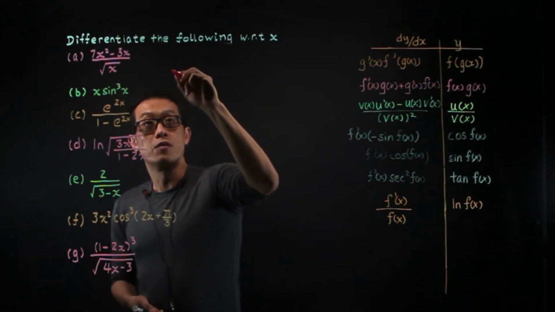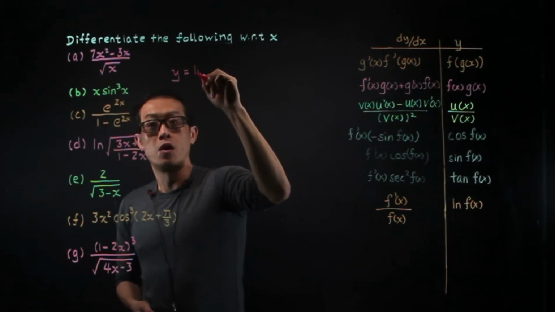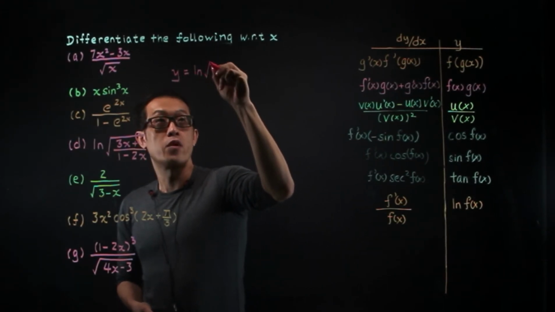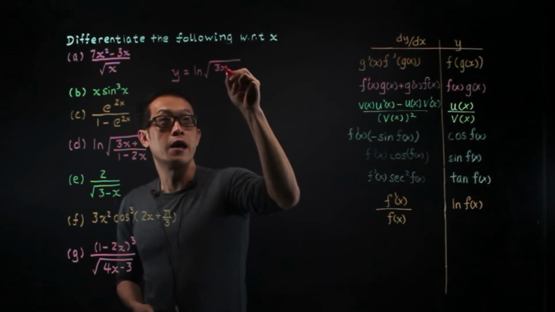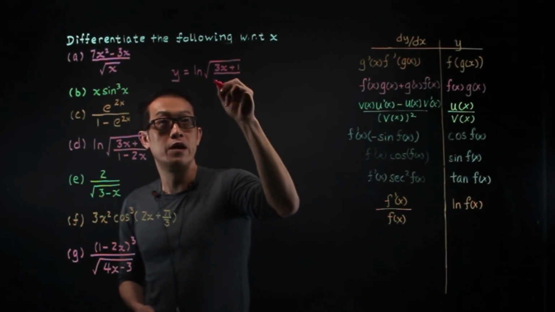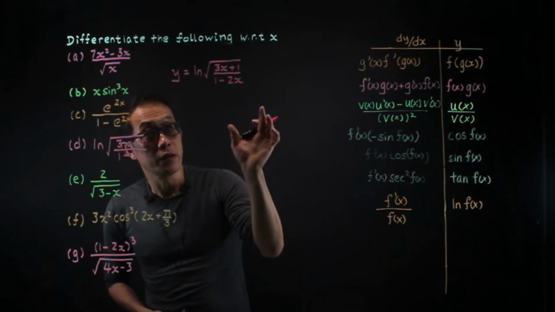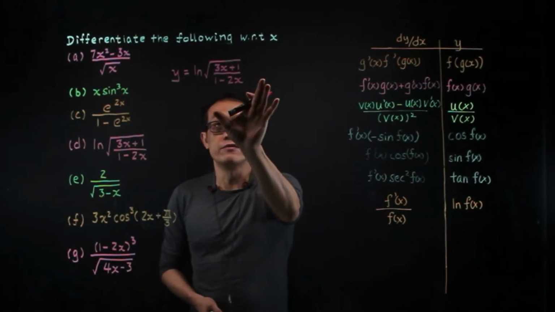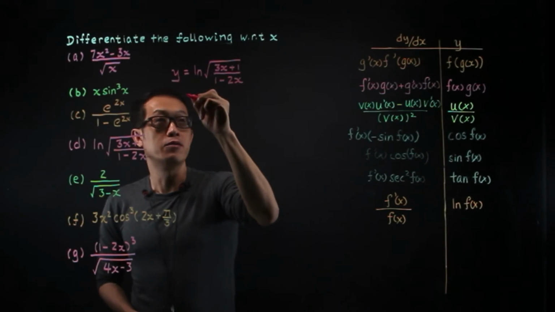So you have, let y be equals to ln square root of 3x plus 1 over 1 minus 2x. Now this is to the power of half. So you know log, you can bring the half down.